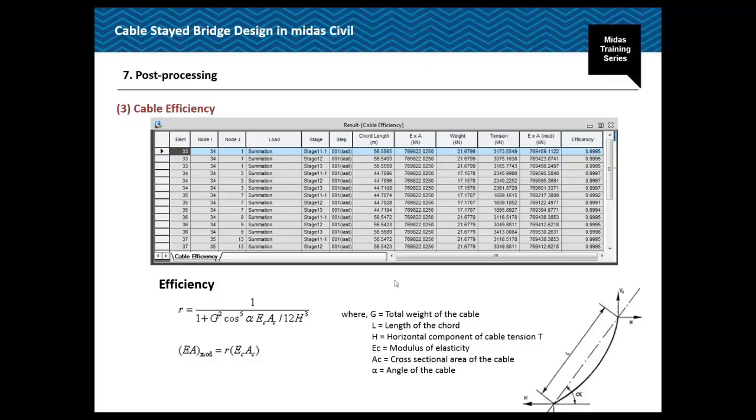So cable efficiency before the initial cables and after the cable pretension is applied. How the efficiency is calculated, we can check from this table, and you can see how this efficiency value is being calculated in the program, considering the value of the horizontal tension force and the length of the chords and the angle of the cable.